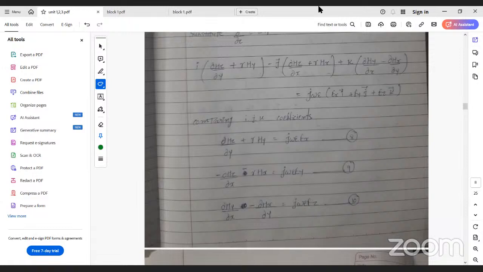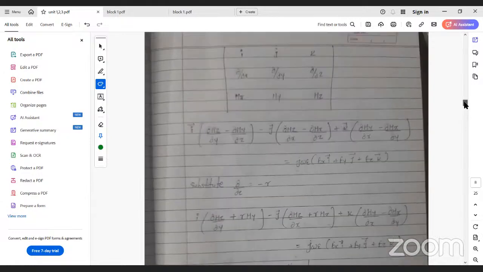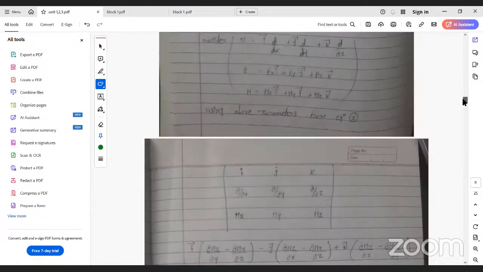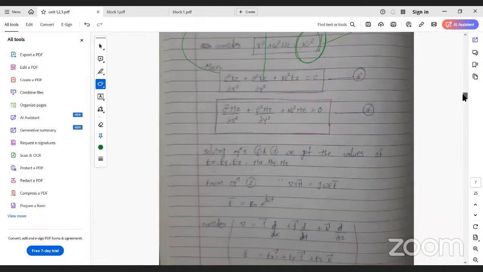So, in the textbook, it is given directly. In the notes, step-by-step simplification is there to get these equations. Now we will see step by step how we got them, up to equation 6, 7. Now we will see from equation 2.